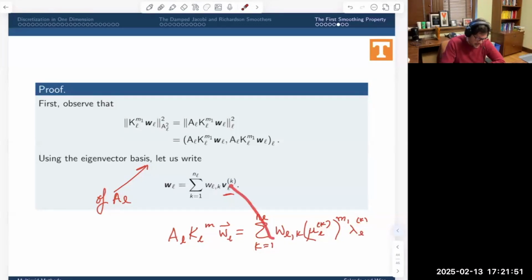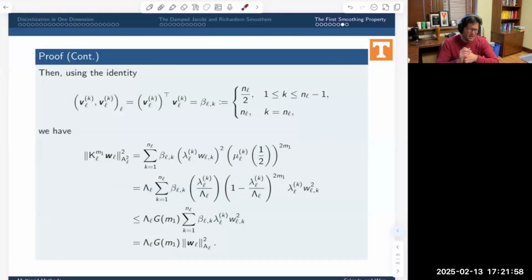So I can put that in here and here, using, of course, different summation indices, and then using the orthogonality, I get these normalization constants. I'm also going to get a bunch of eigenvalues popping out.